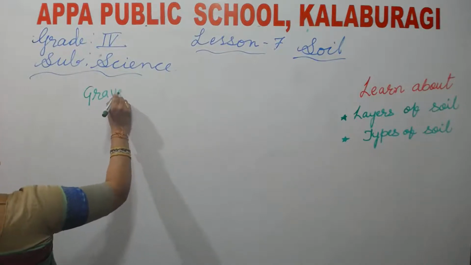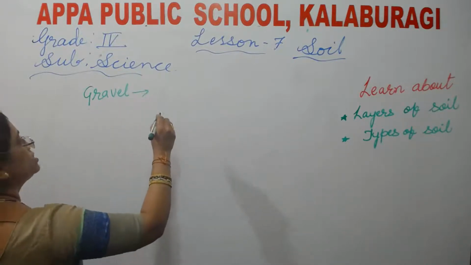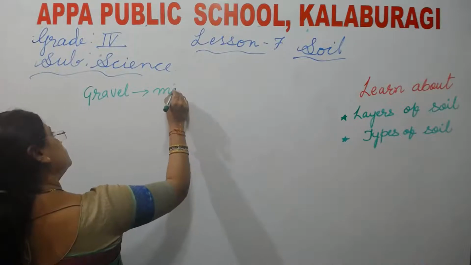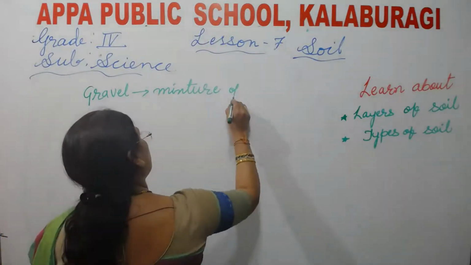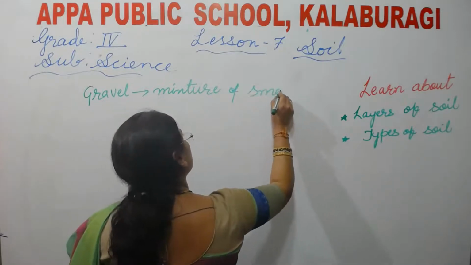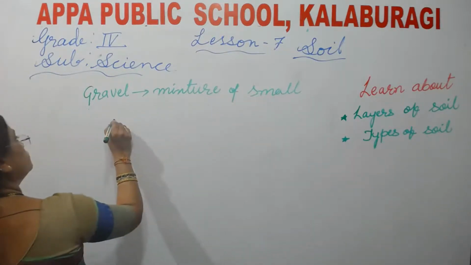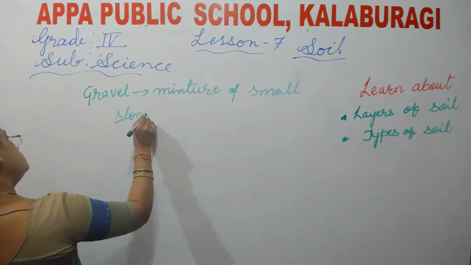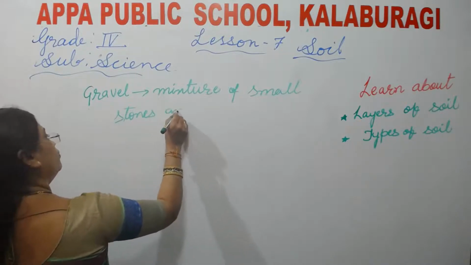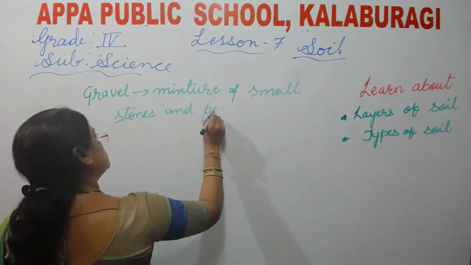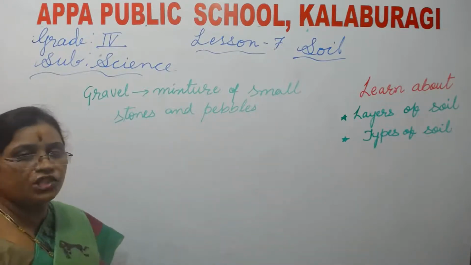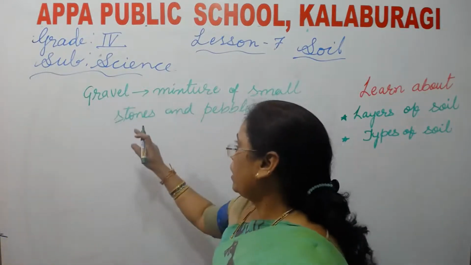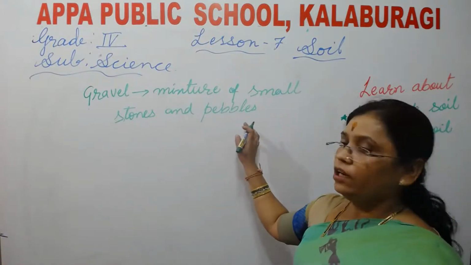What is gravel? Do you know, children? Gravel is a mixture of small stones and pebbles. Pebbles means small stones. There are also some shining stones. Gravel is a mixture of small stones and pebbles.